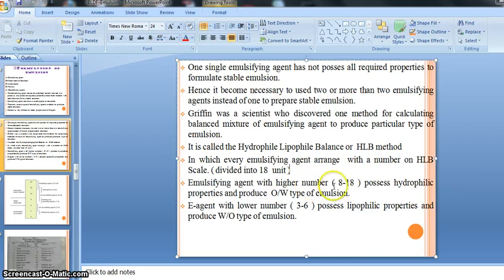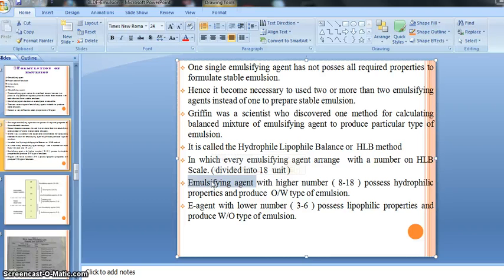Firstly, the numbers from 8 to 18 possess the hydrophilic properties of emulsifying agents and produce an OW type of emulsion. Means the emulsifying agents arranged between 8 and 18 have a hydrophilic nature and are used to produce an OW type of emulsion.